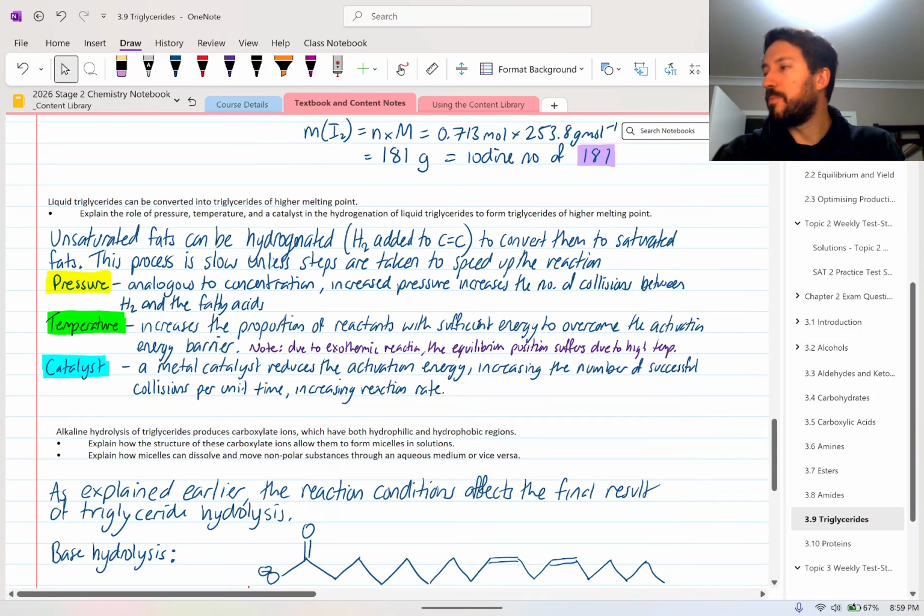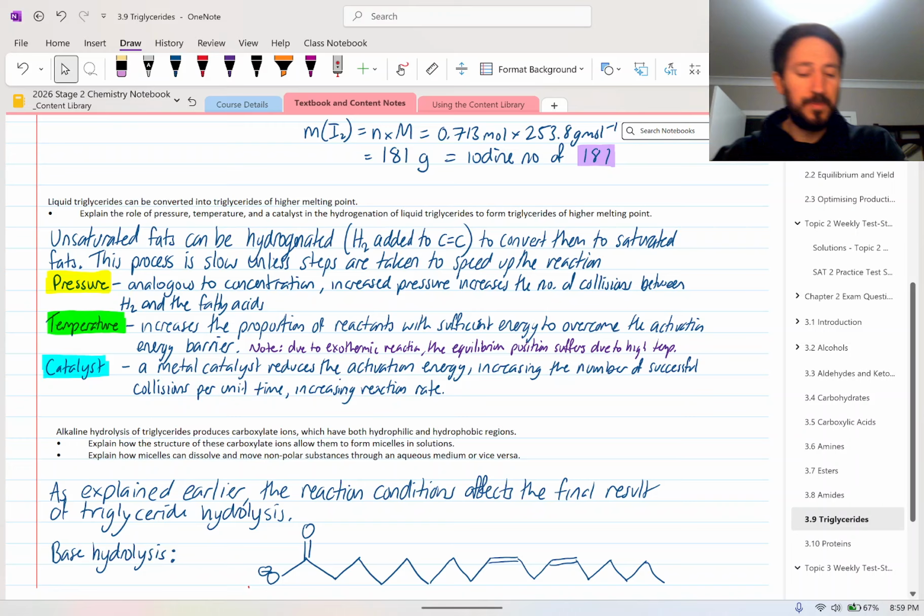Now, we mentioned earlier that saturated fats have a lower melting point. So they're more likely to be oily or liquid at room temperature. If we have unsaturated fats, so ones with double bonds that are, what have I done?